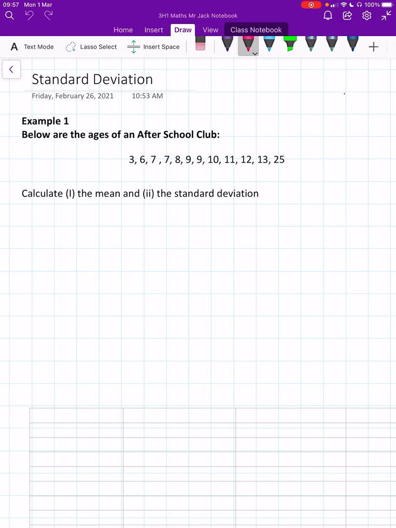So far we've looked at the range as a way of looking at our data and seeing how spread out it is. We've also looked at the interquartile range, which looks at the middle 50% of the data and sees how spread out that is.